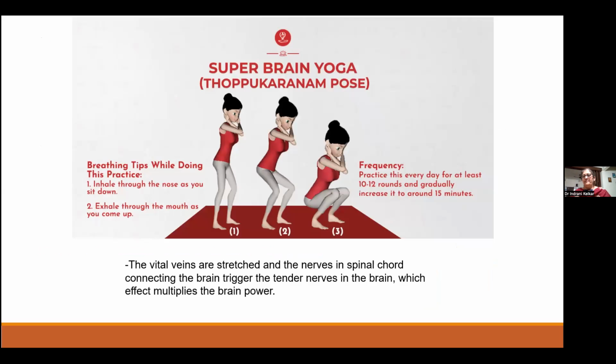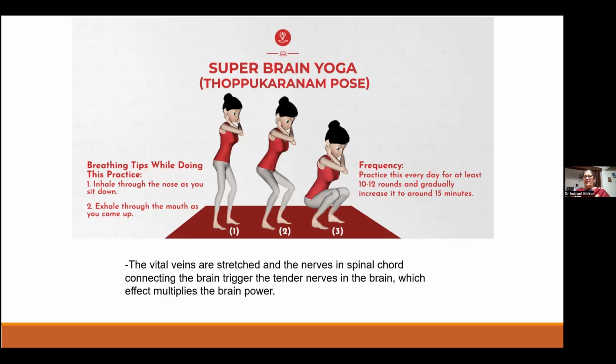Now stand up and we are going to do super brain yoga. Stand up. Cross your arms, your right hand will hold the left ear. You can hold it fully. Those who cannot reach can cross it like this. And when I say 1, you squat down.